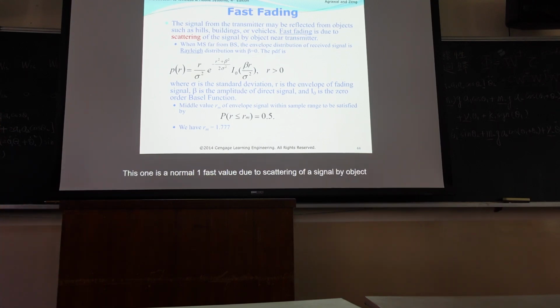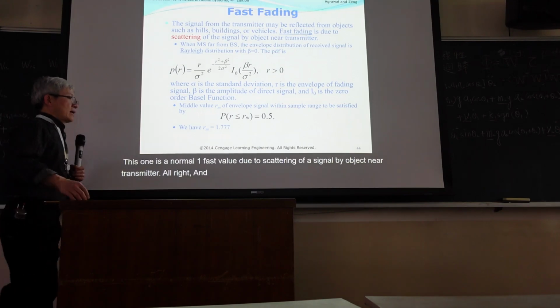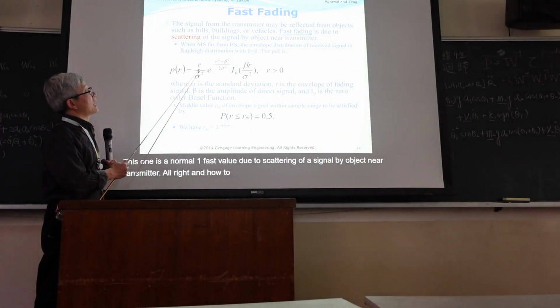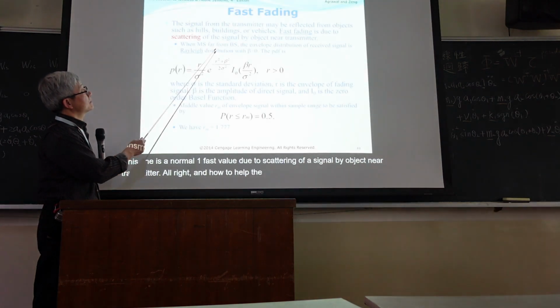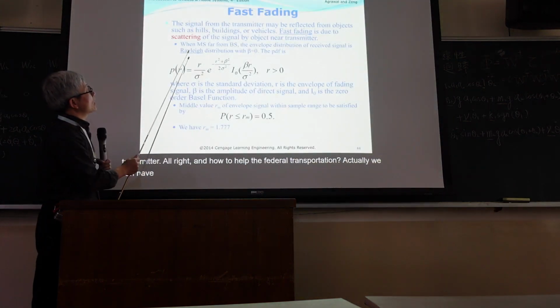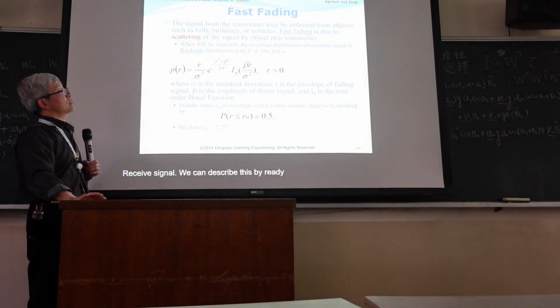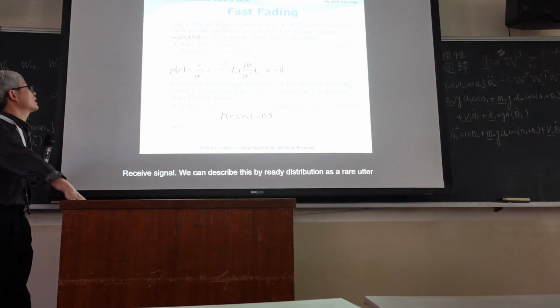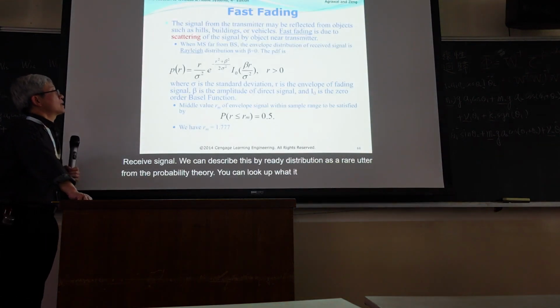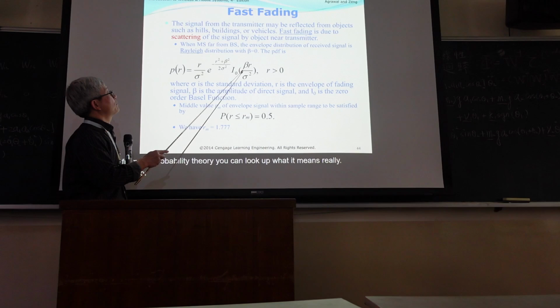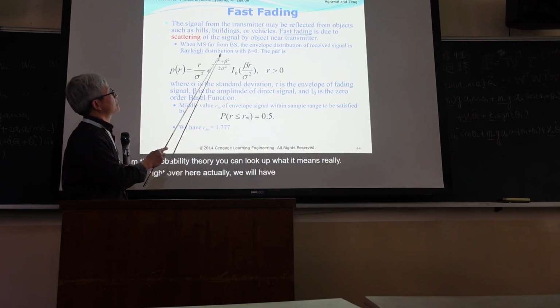Alright, and how do we get the signal strength expression? Actually, we can have these. The received signal we can describe by the Rayleigh distribution. As for Rayleigh, from probability theory you can look up what it means. And here we have beta equal to 0, so that is Rayleigh.